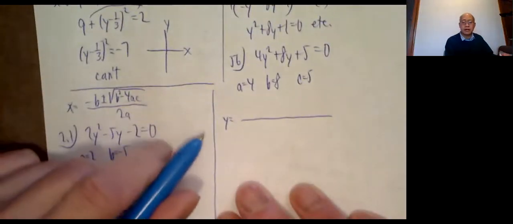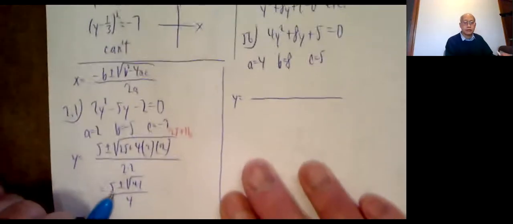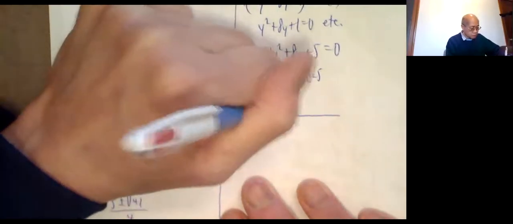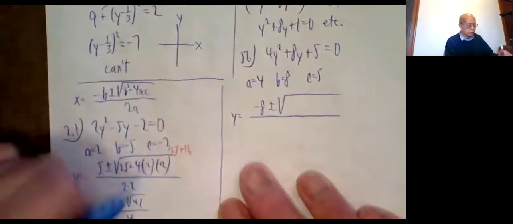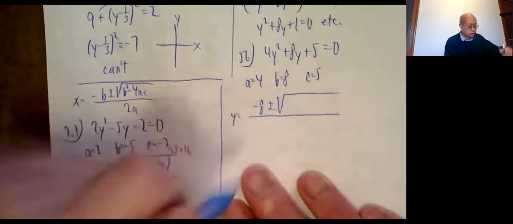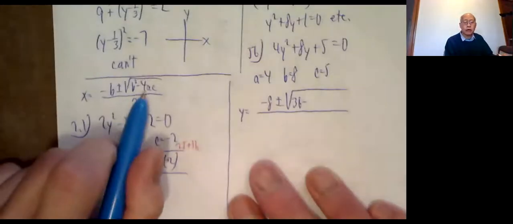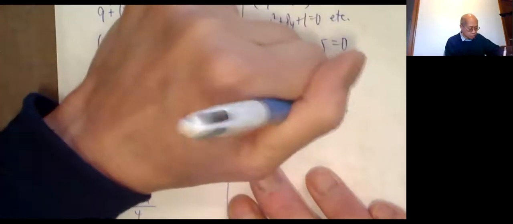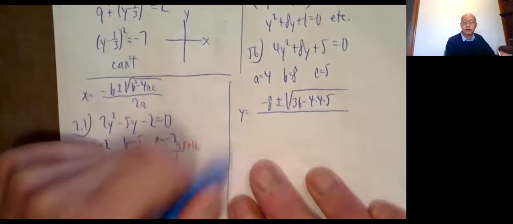Okay, negative B by the formula: -8 plus or minus the square root of B squared, 64, minus 4AC, 4 times 4 times 5, over 2A, 2 times 4.